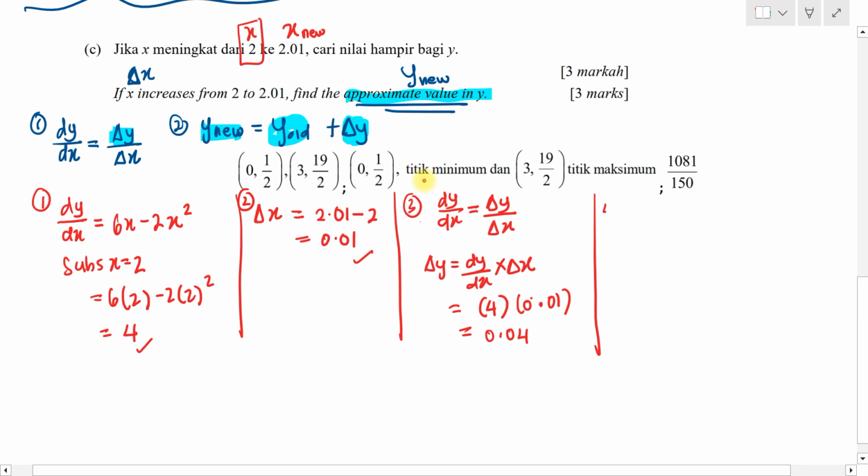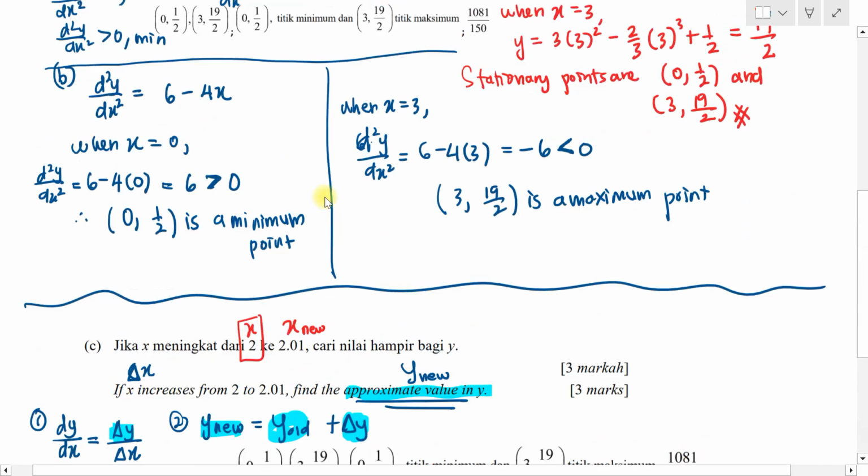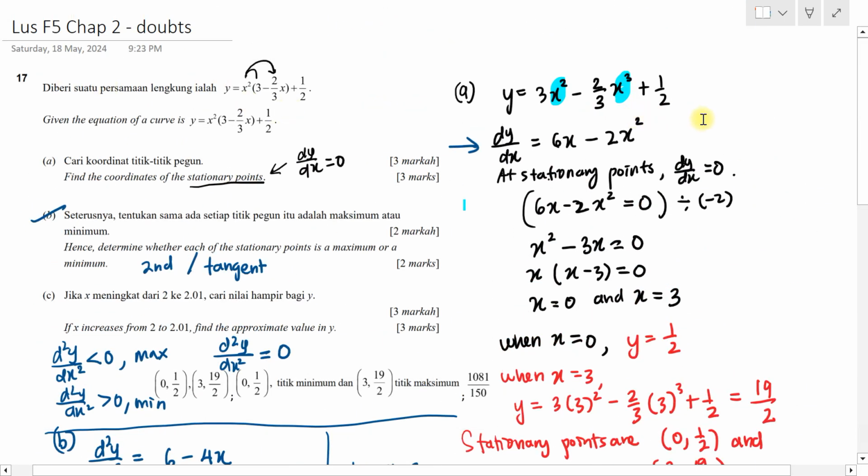Okay, now fourth step. You want to find the new approximate value of y. So we write the formula, y new is equal to y old plus delta y. Oh, y old I have to calculate separately. Very large y. Okay, so we take the y that we have expanded in this form.